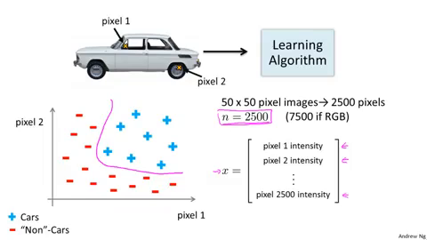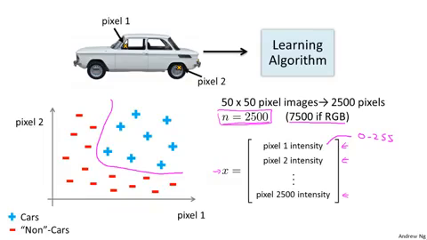In a typical computer representation, each of these may be values between, say, 0 and 255, giving us the grayscale value. So we have n equals 2500, and that's if we were using grayscale images. If we were using RGB images with separate red, green, and blue values, we'd have n equals 7500.